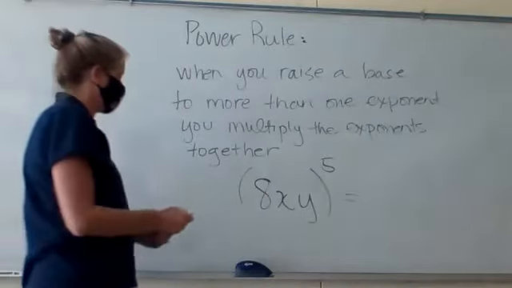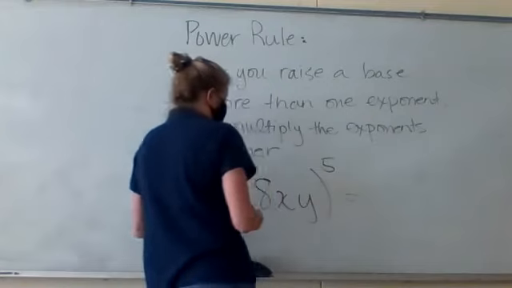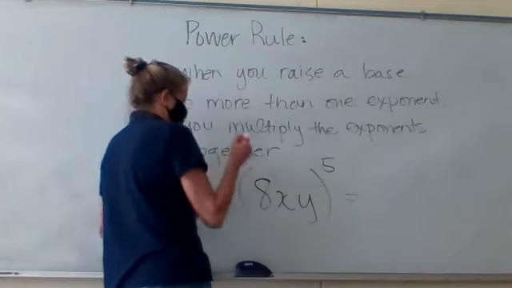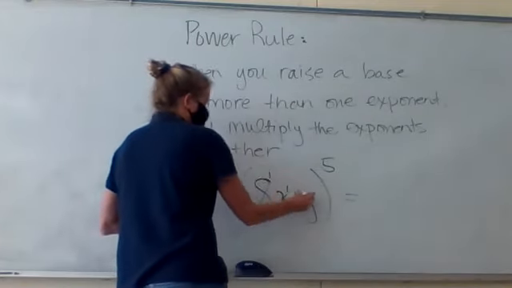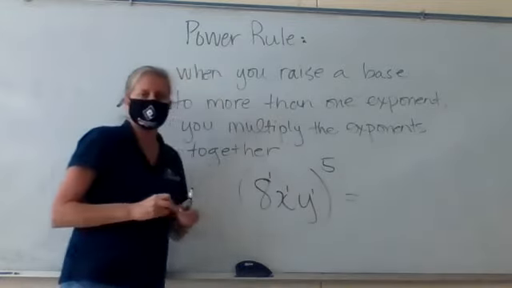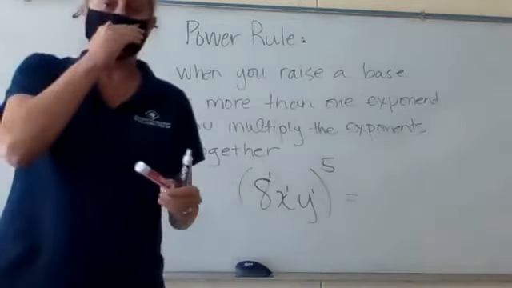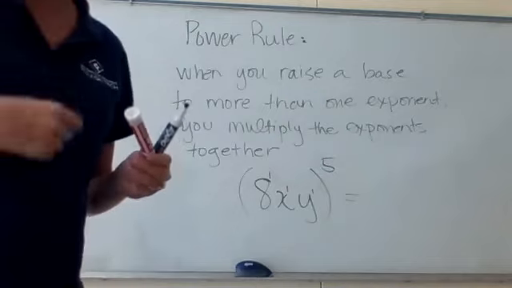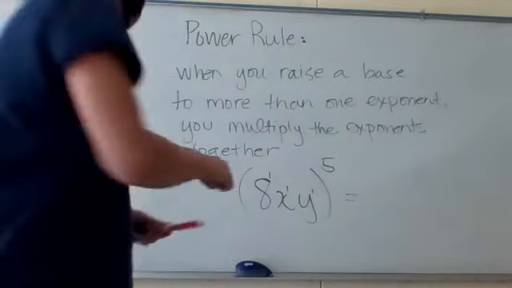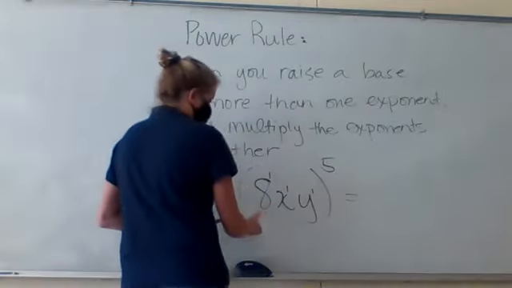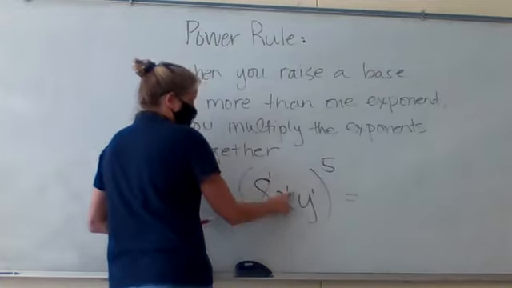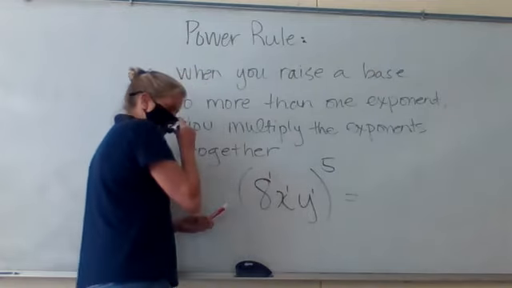That parentheses means that every single one of these bases is being raised to the 5th power. When you don't see an exponent over something, it automatically means that it's being raised to the 1st power. So all of these bases in here, 3 separate bases, they're all being raised to the 1st power.